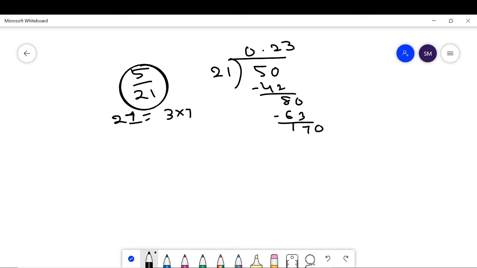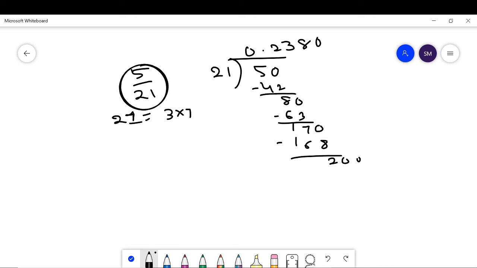Then 21 eights are 168. Then 2, 0. We do not get it, so put another 0.